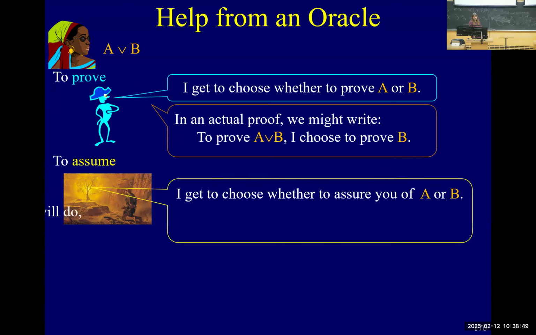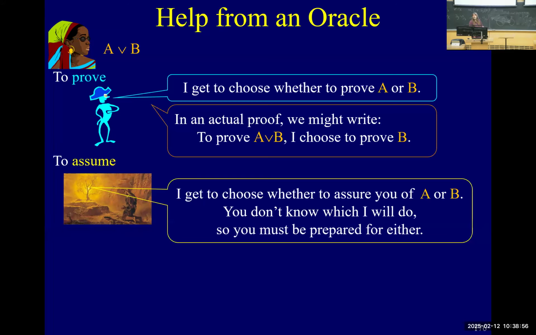Here, the problem is that she's assuring you of A or B. We don't know which one she's going to give us, and hence what do we have to do? We have to look at the two cases. It's just the purple table. When we've proved already that A or B is true, how do you use that fact?